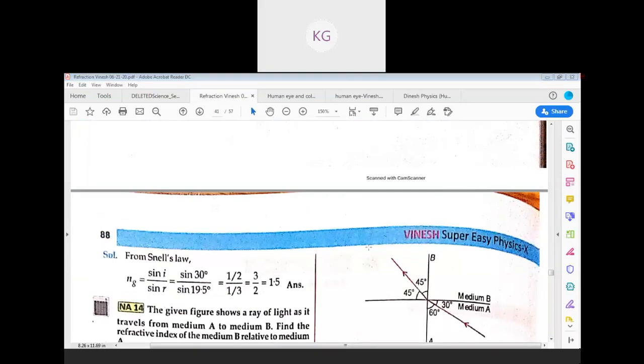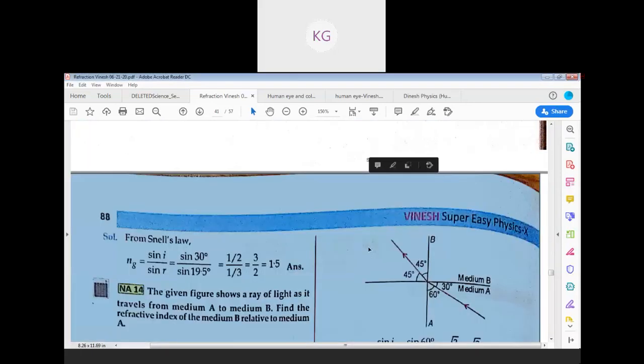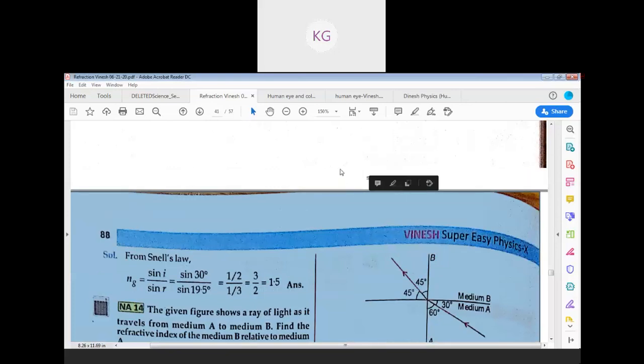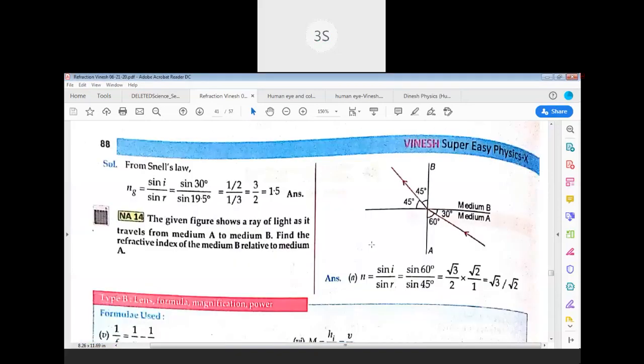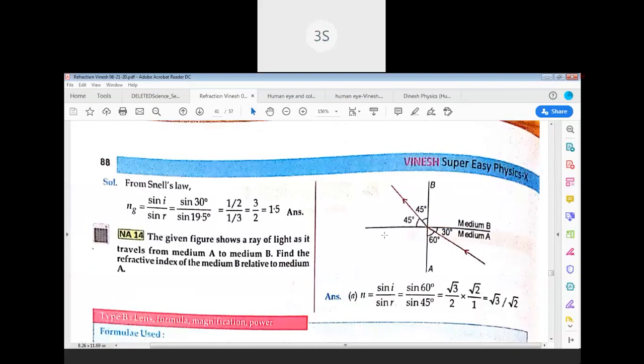Still, let's discuss chapter 2. Let's do human eye. In the human eye also, most of the parts were deleted. Defects were deleted.